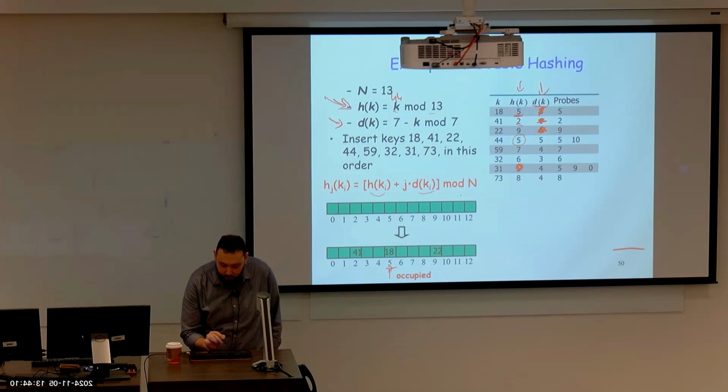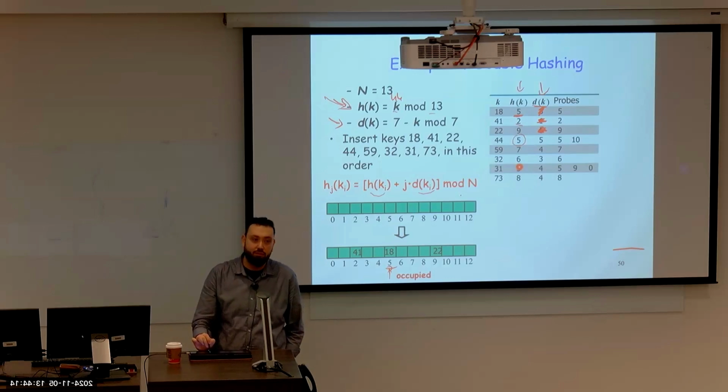In this case, what is my HK, guys? For 44, what is my HK? 44 mod 13, 5, correct? So that's 5. Plus, what is my J? 1 in the first one. So that's 1 times DK. What is my DK?